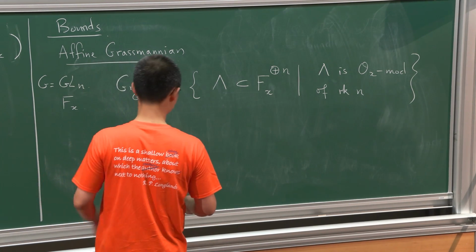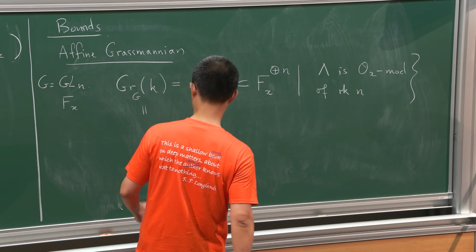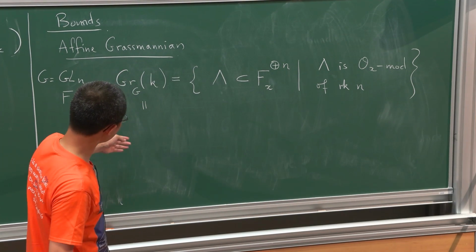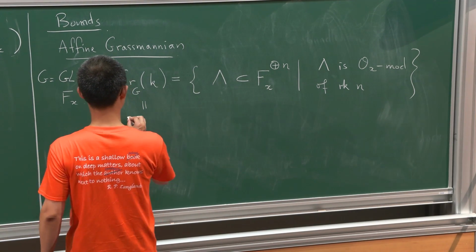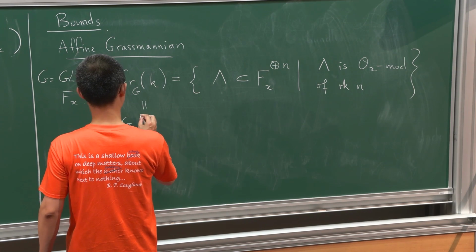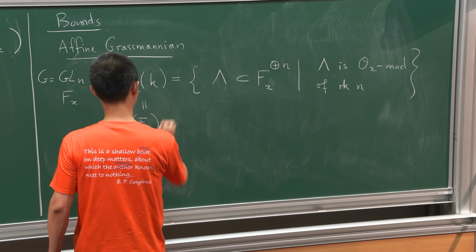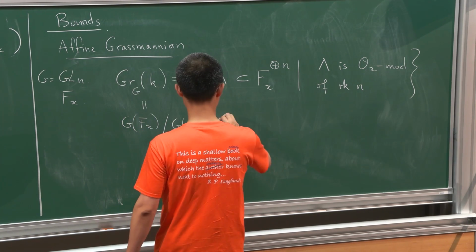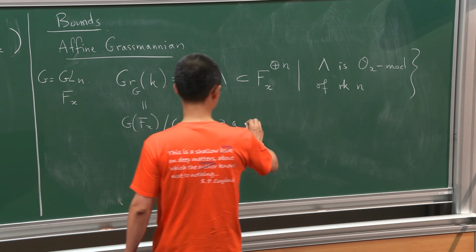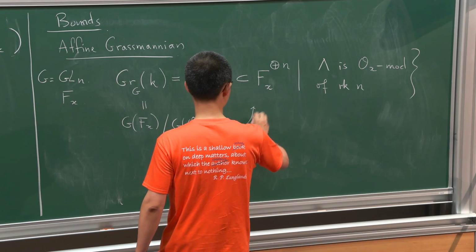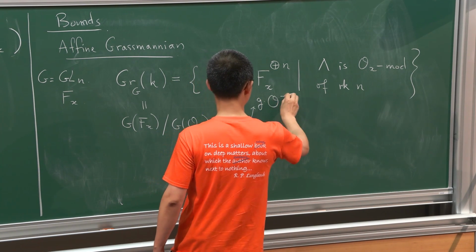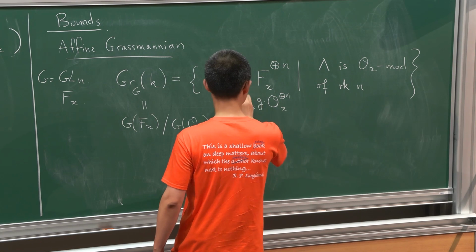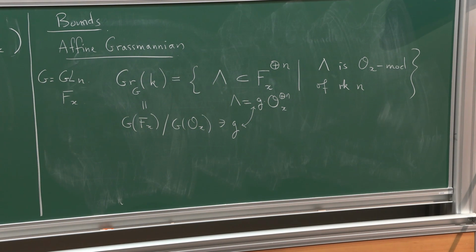So yeah, we already heard from Pierre Henry's talk. This can be presented as G of F_x mod G of O_x. Okay, so an element g here corresponds to g acting on the standard lattice. It's a bijection.